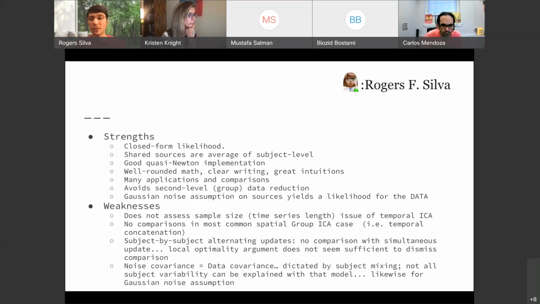But I wonder if the updates were made after you had computed all subjects at once, after you had computed the updates for each subject, if that would have somehow changed anything in terms of convergence or whatever.